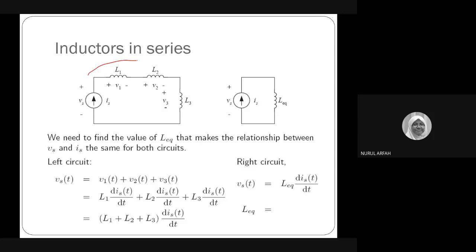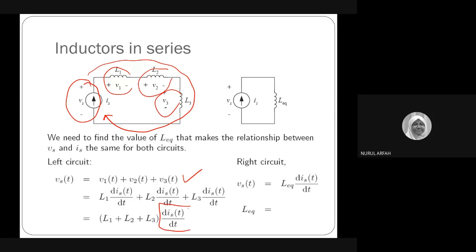Next, what if inductors are in series? You have a current source which is the same throughout L1, L2, and L3. So if you apply KVL around the loop, you will have a voltage source equal to V1 plus V2 plus V3. Since the current is the same across these elements, you can put dI dt at one side, the voltage equal to L dI over dt.